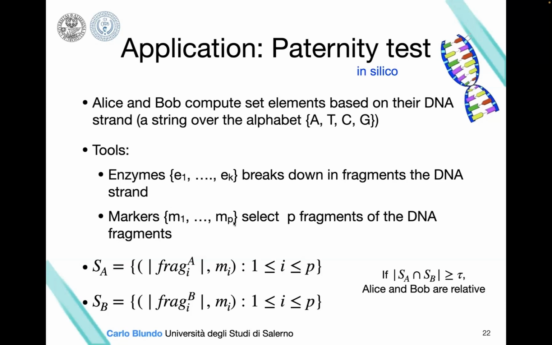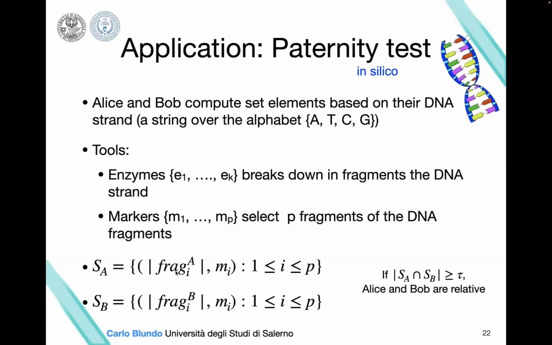And the markers are a way to choose, among all the set of substrings computed using the enzymes, just a small subset, a subset of sites P. So we have some way of encoding the DNA strings in a different way, and the way is shown at the bottom of the slide.